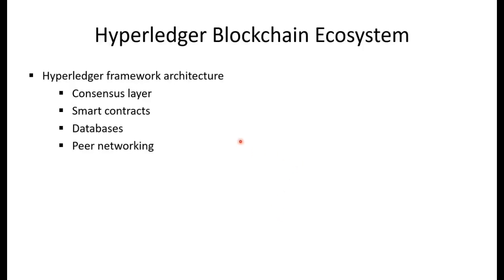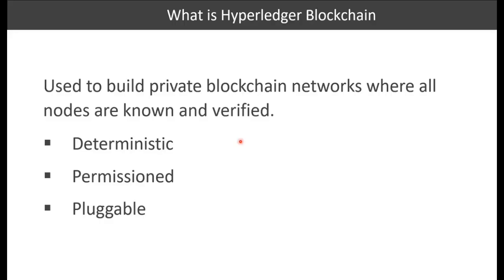The Hyperledger framework architecture consists of a consensus layer, smart contracts, a database, and peer networking. So, understanding Fabric. Fabric is used to build a private blockchain, which is different from the public blockchains such as Bitcoin and Ethereum.